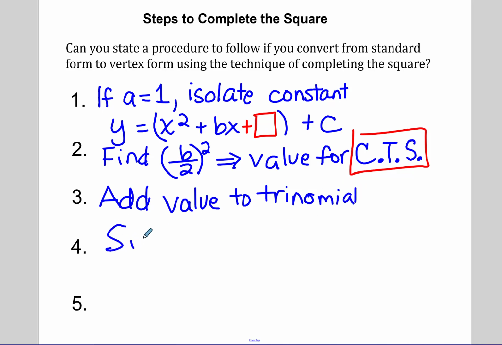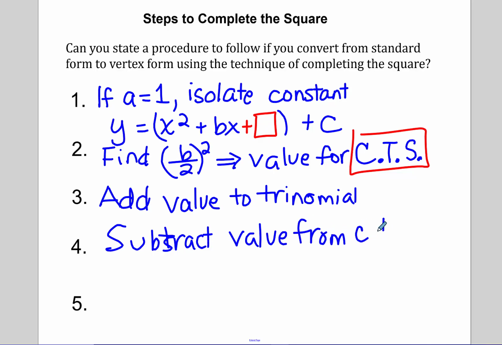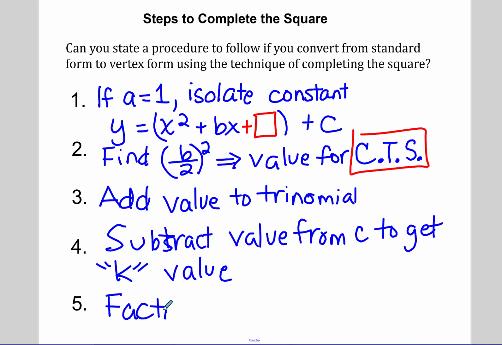And then subtract that value from c. And that's going to give you a different constant. I'm going to call it k. And finally, after you're done, then you can factor and simplify.